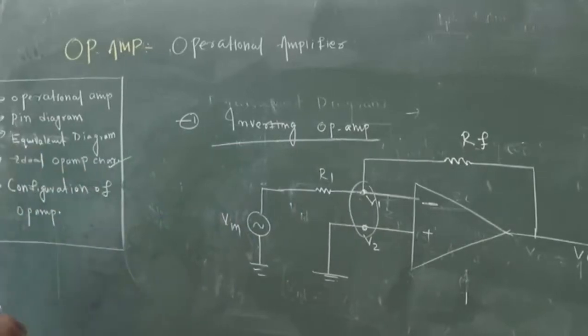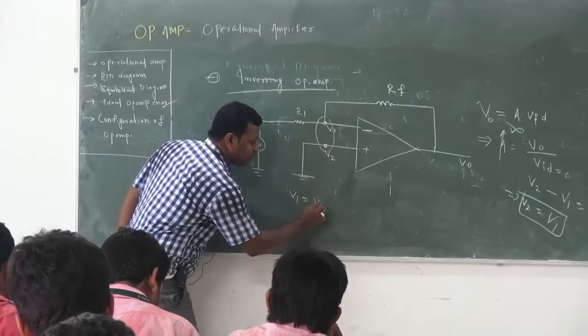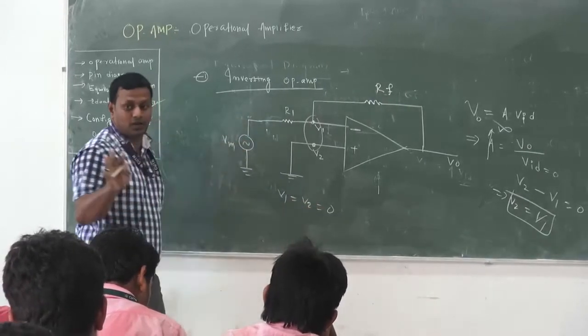So from this, now I start my derivation. Again from this point, V1 is equal to V2 is equal to 0, from the virtual ground concept.